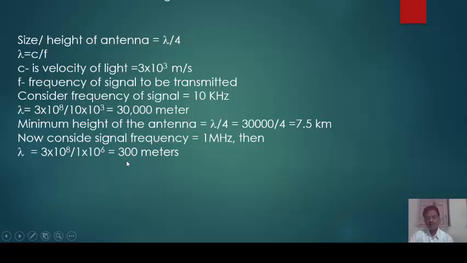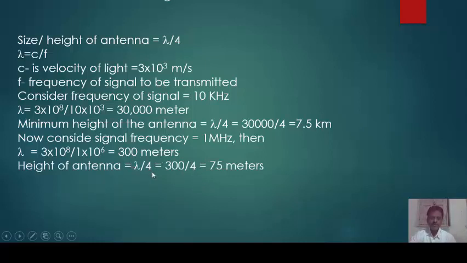Okay. And if we divide the 300 by 4, then we get the size of antenna, and the height of antenna is 75 meter. And it is possible to construct such types of antenna which has 75 meters. So here let us see the size of antenna is changed from 7.5 kilometer to 75 meter.